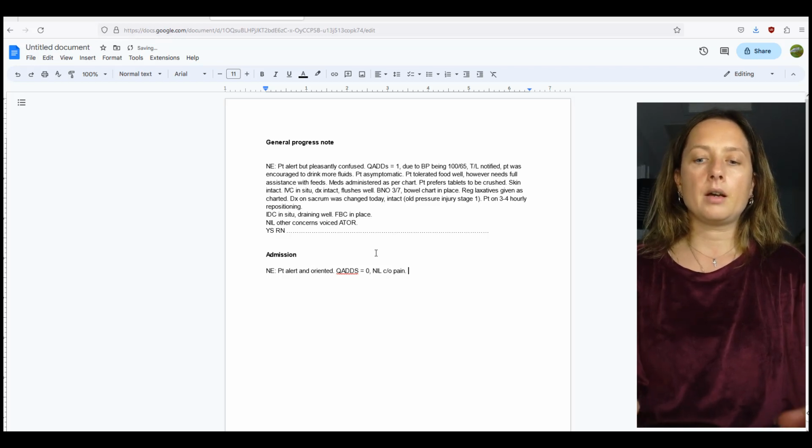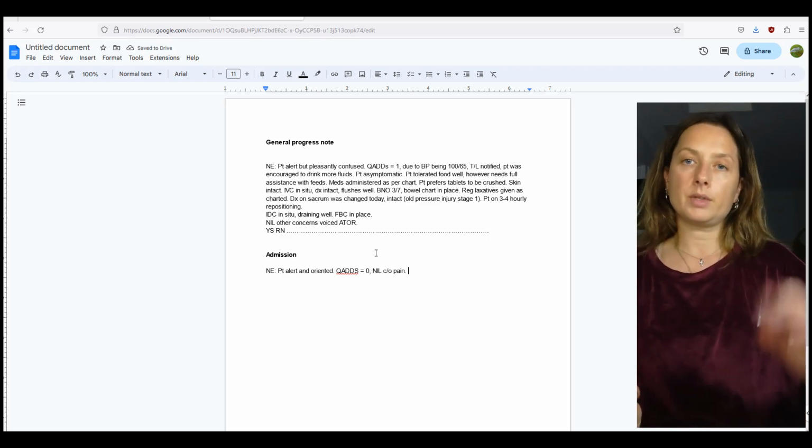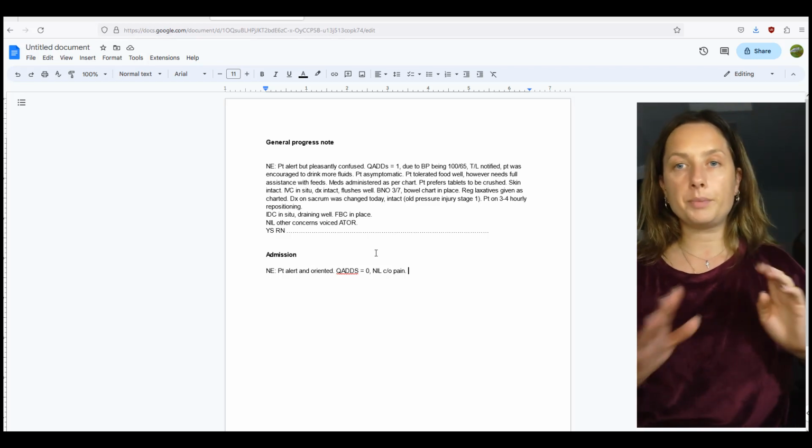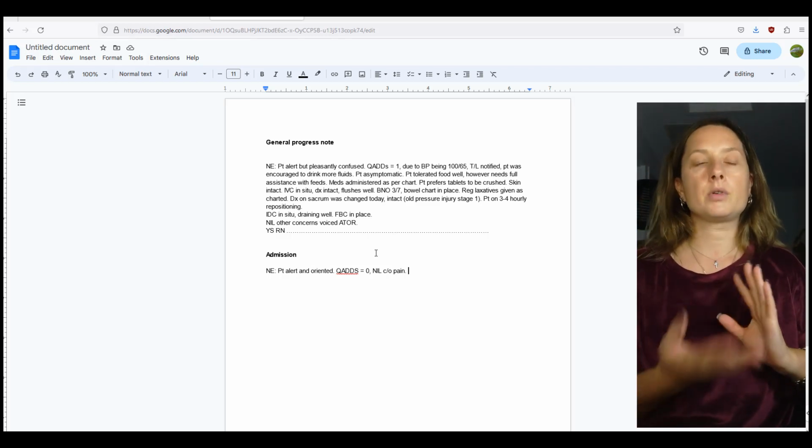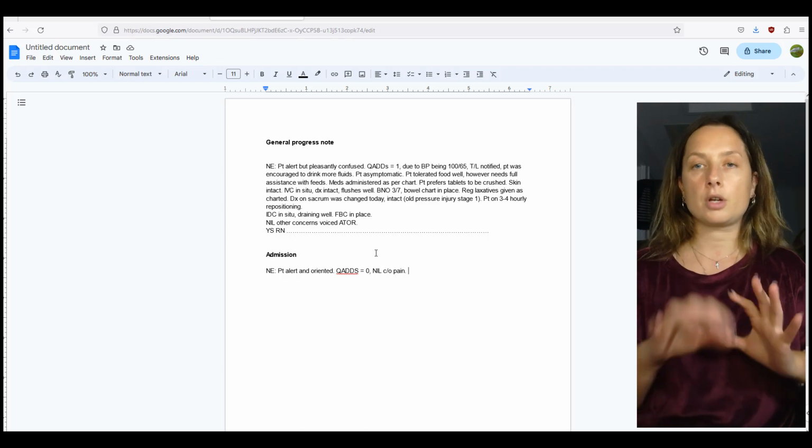Okay, let's say meds are not given yet. If someone came from ED, this person will be admitted, which means one of the doctors will need to come and chart the medication.